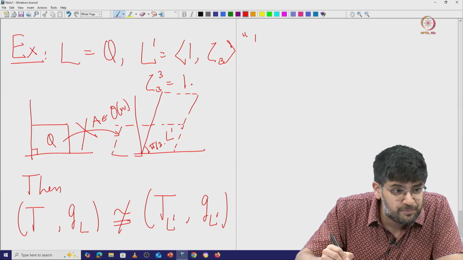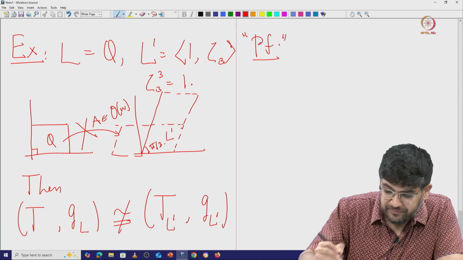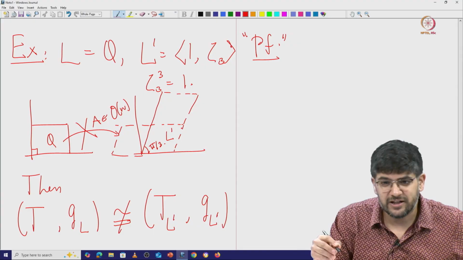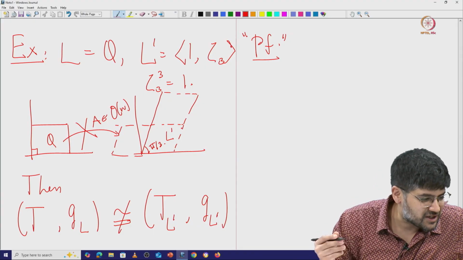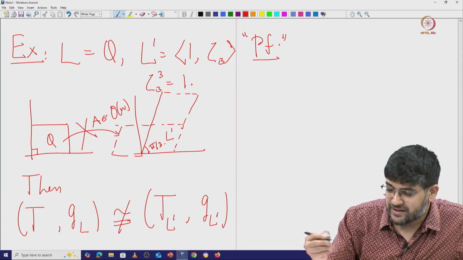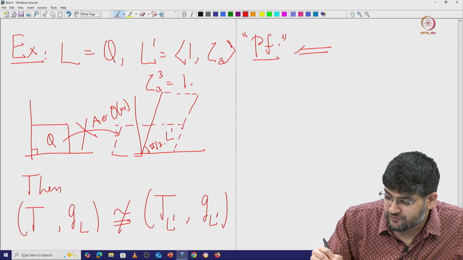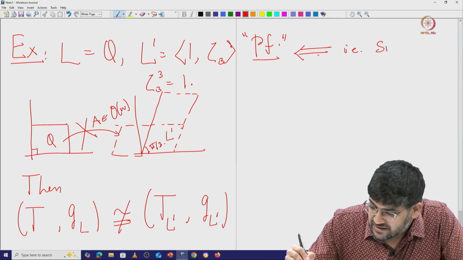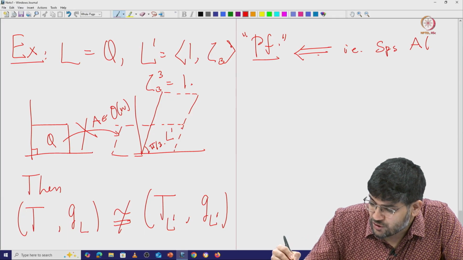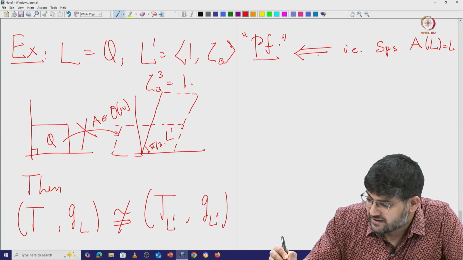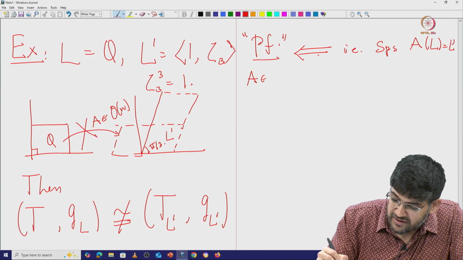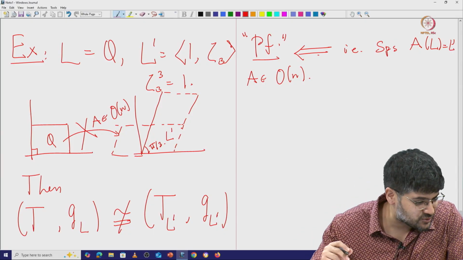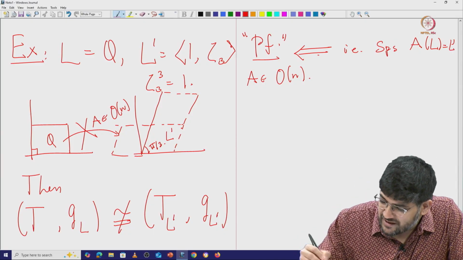So let me outline a proof. I won't write down all the details, but hopefully there is enough that you can work out the details for yourselves. It's an if and only if statement. So let's first prove the reverse implication. That is, suppose there is an orthogonal transformation A which takes L to L prime. Then I want to claim that these two are isometric.